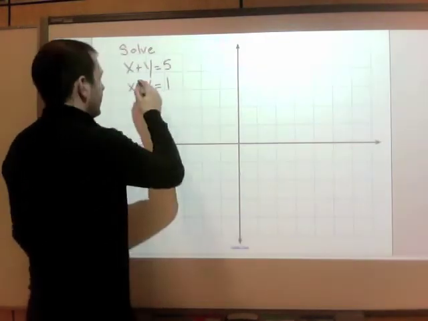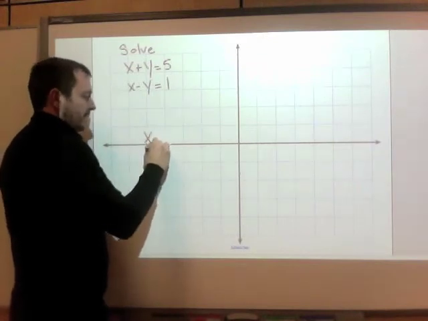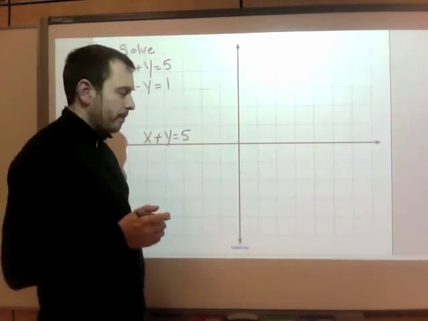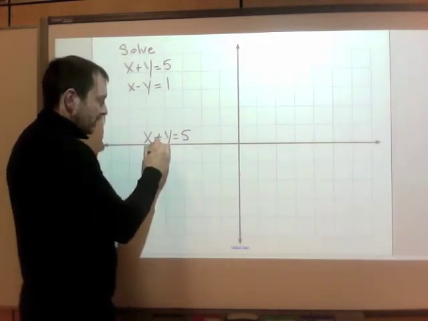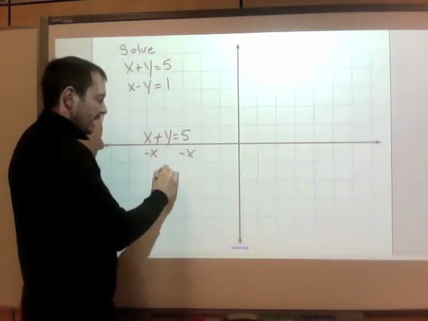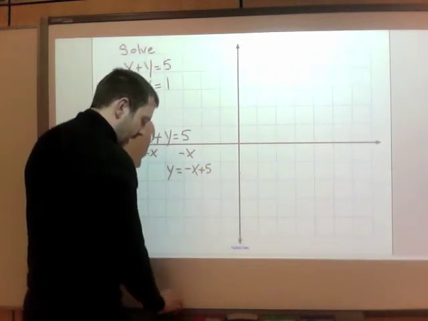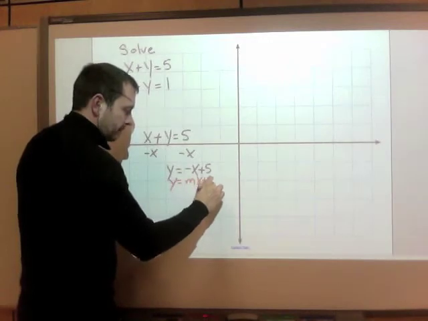So the first one, x plus y equals 5. To graph it, I am going to put it in y equals form. So that just means get the y alone. To get this y alone, right now it's being added by x, so I need to subtract x from both sides. And I get y equals negative x plus 5. That is now in y equals mx plus b form.